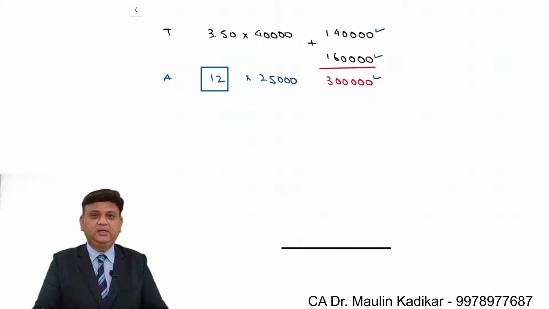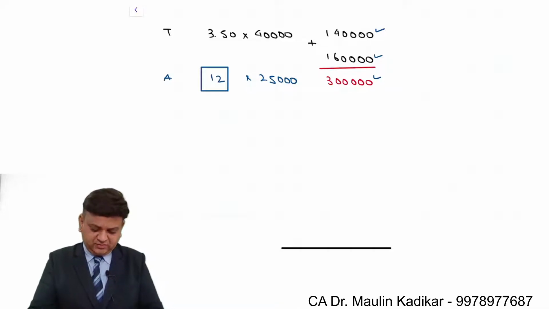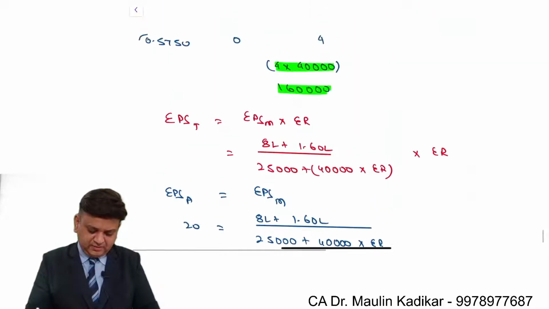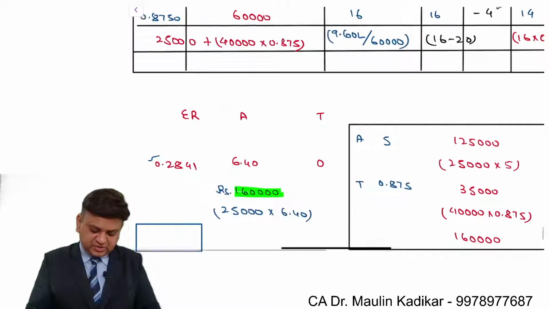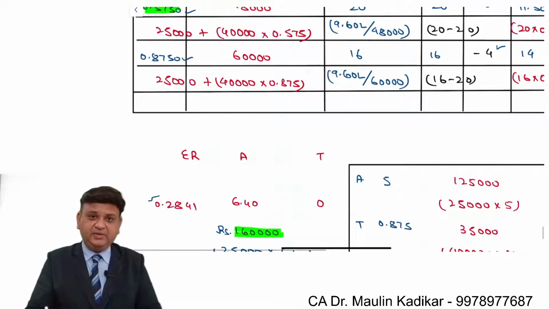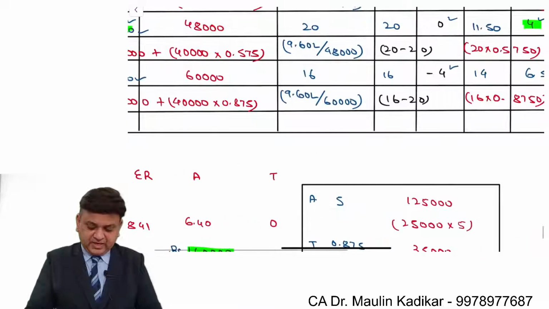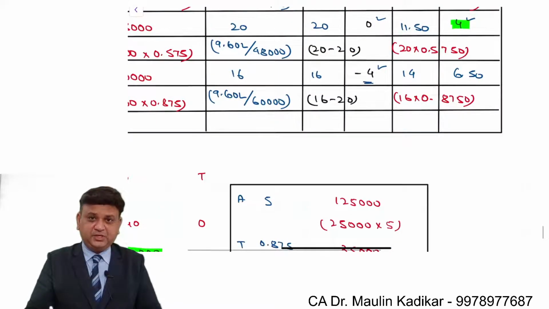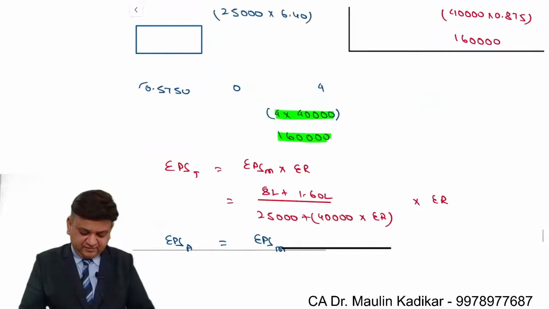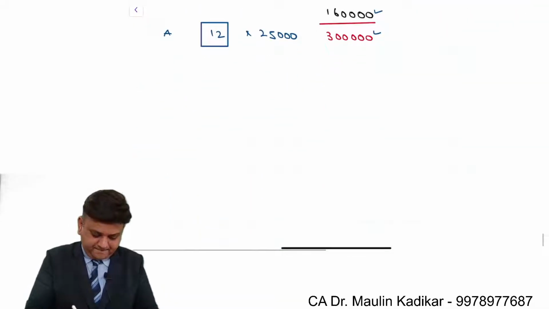The last situation, which is again more theoretical, is an exchange ratio which is more than what A Ltd can afford, 0.8750. In that case, A Limited is sacrificing 4 rupees per share, and the number of shares are 25,000.